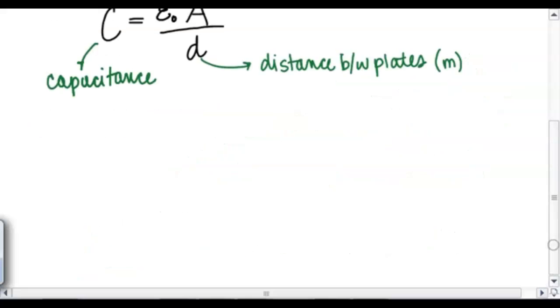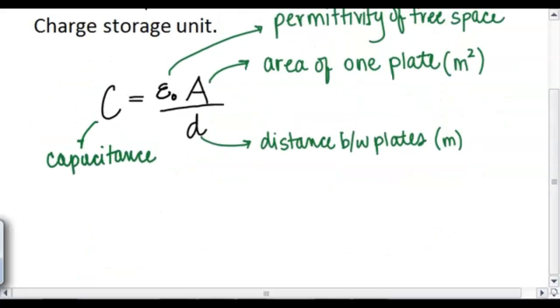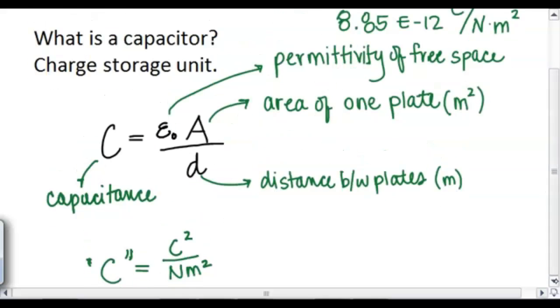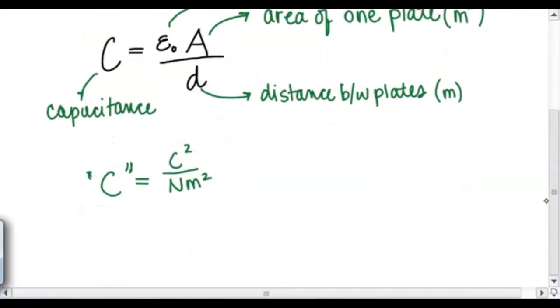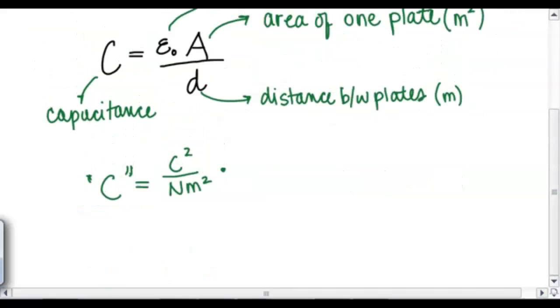Our capacitance, C, will be equal to Coulomb squared per Newton meter squared, times the unit for area, which is m squared, divided by meters.